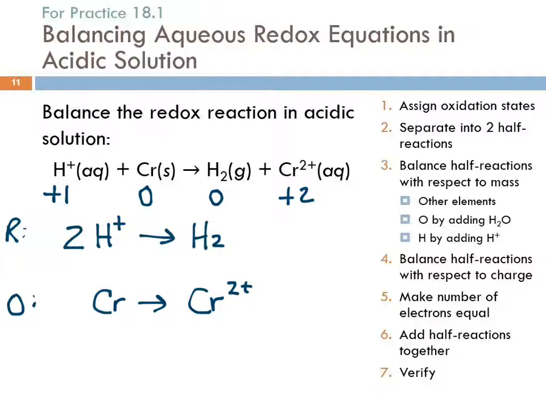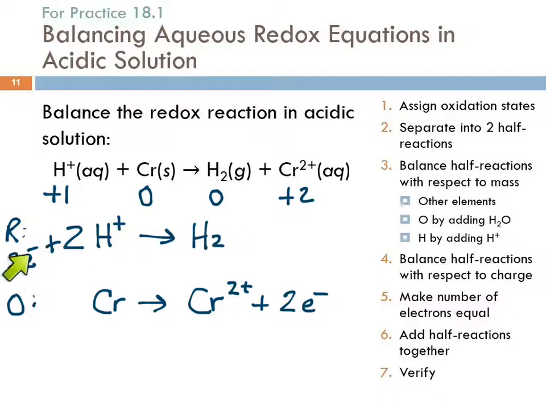Electrons are negative. Yes, we need 2 electrons here. See, I did not plan ahead. And we need 2 electrons over here. We have a total of plus 2 charge here and 0 on the other side.